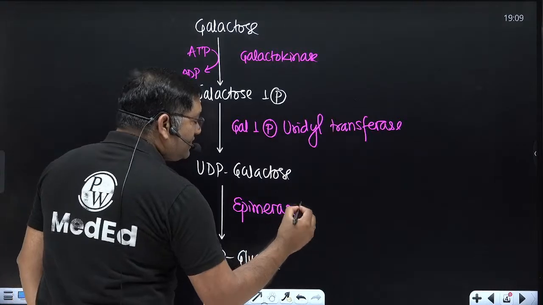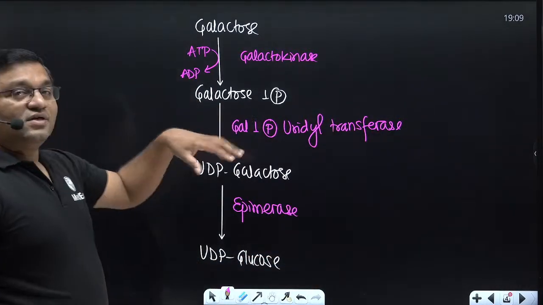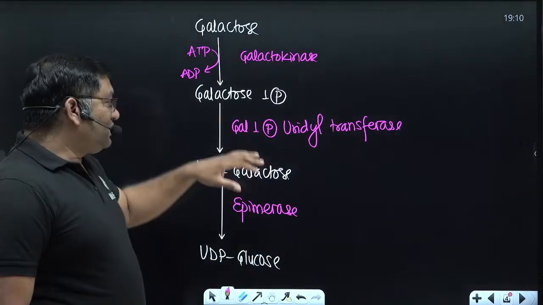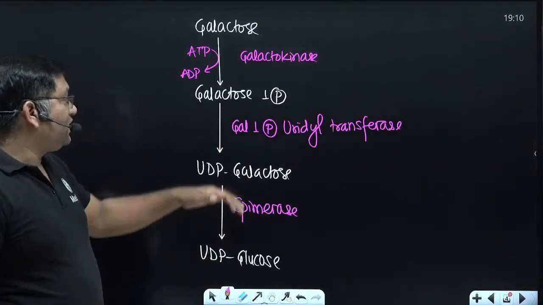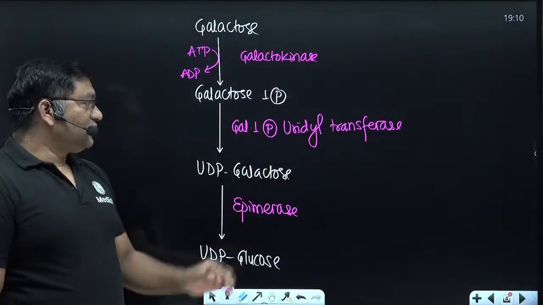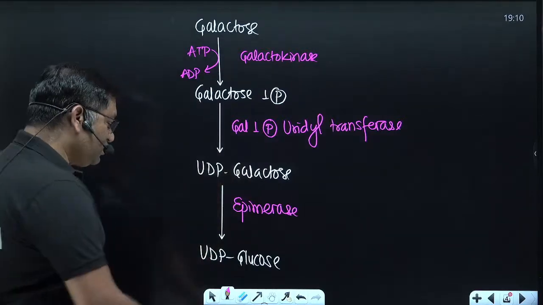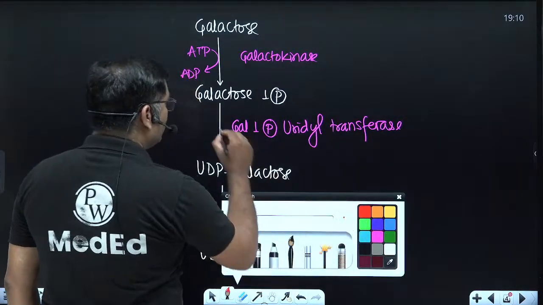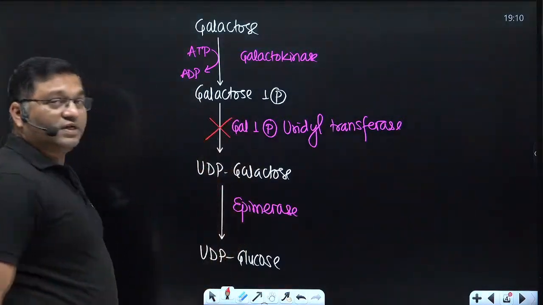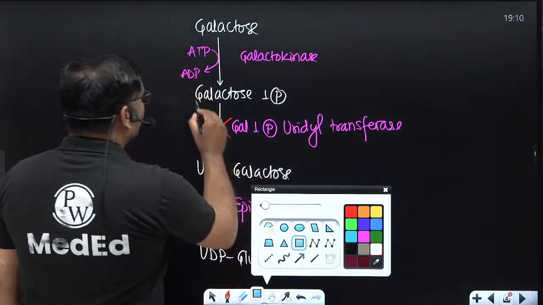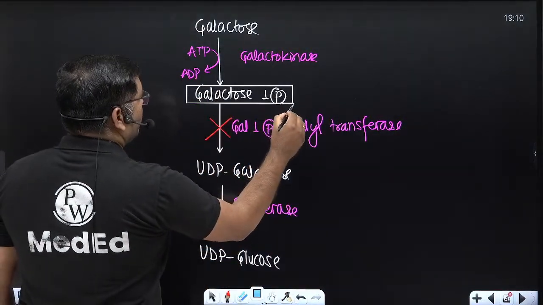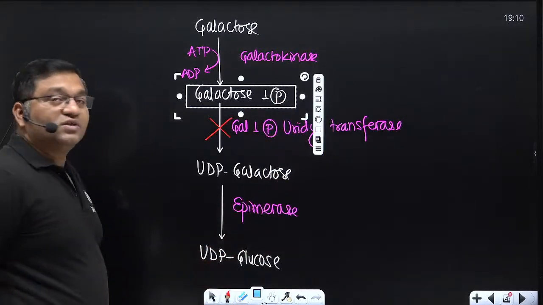Deficiency of any of these enzymes can cause galactosemia, but the very mild forms are caused by the deficiency of galactokinase and epimerase. The classical galactosemia is due to a defect in the enzyme galactose 1 phosphate uridyl transferase, and there is accumulation of galactose 1 phosphate, which causes the symptoms.